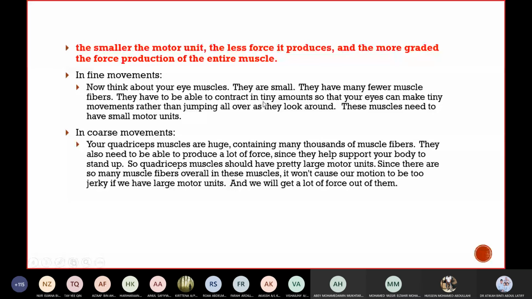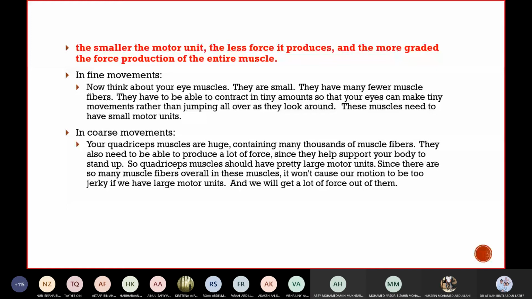They have to be able to contract in tiny amounts so that your eyes can make tiny movements rather than jumping all over as they look around. So these muscles need to have small motor units. In the eyes, you don't need a great force to contract, because you have tiny muscle units to help with more precise movement.